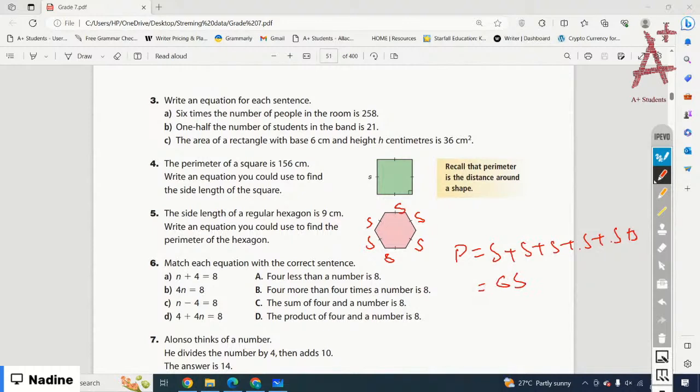So when you add it makes 6s, right? That means the perimeter of the hexagon is 6s. You are asked to write an equation you could use to find the perimeter of the hexagon. You can use 6s. The perimeter of the hexagon equals 6s.